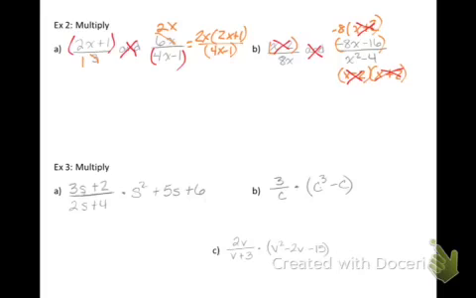So I have negative 8. Can I cross that out? Nope, because one's on the top and one's on the bottom. So negative 8 over 8x. Oh, but can I reduce that? What can go into both negative 8 and 8? 8 can.